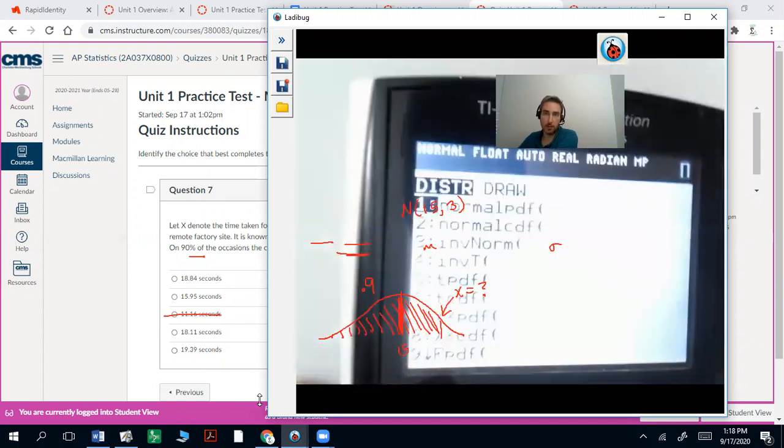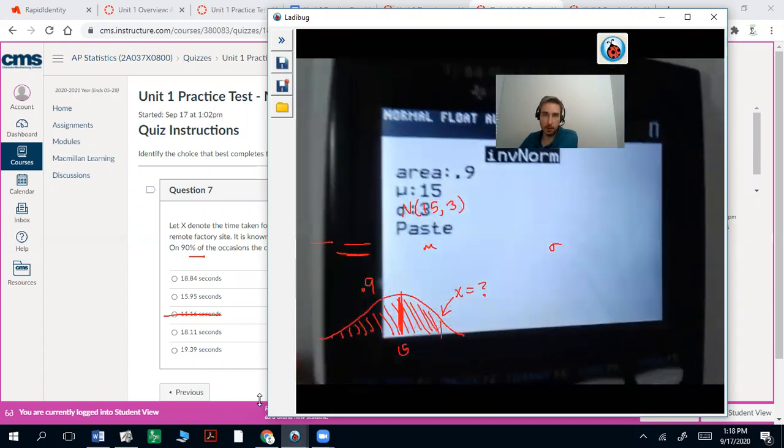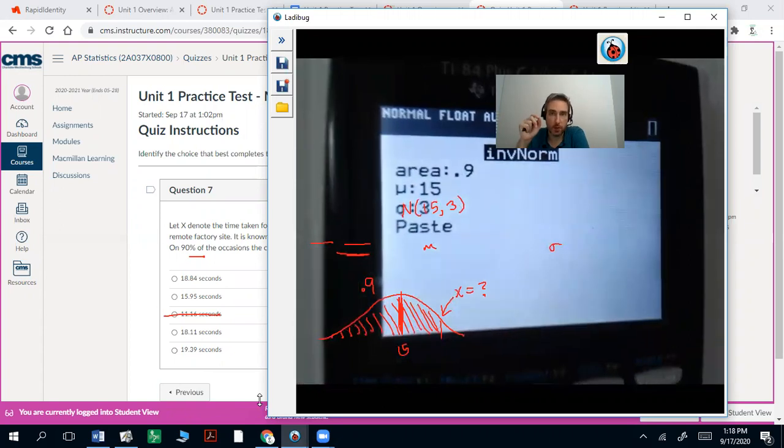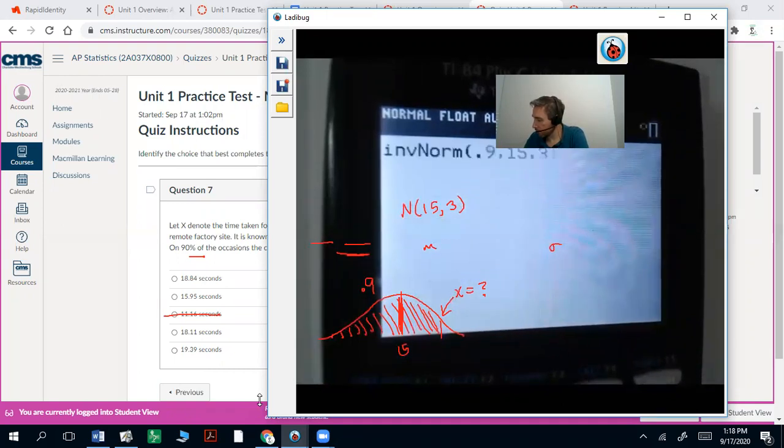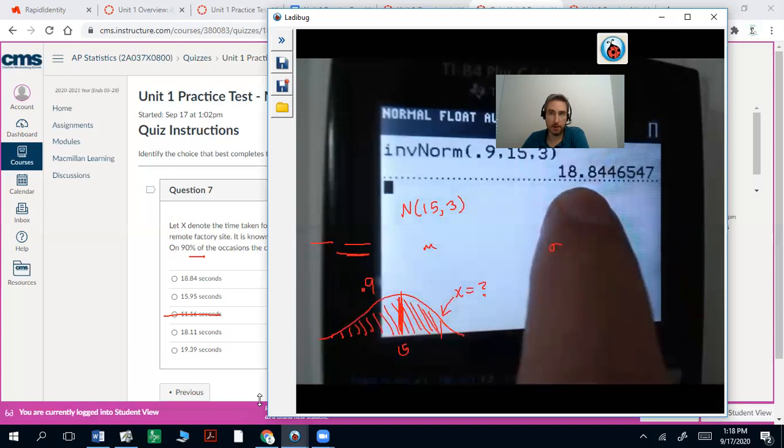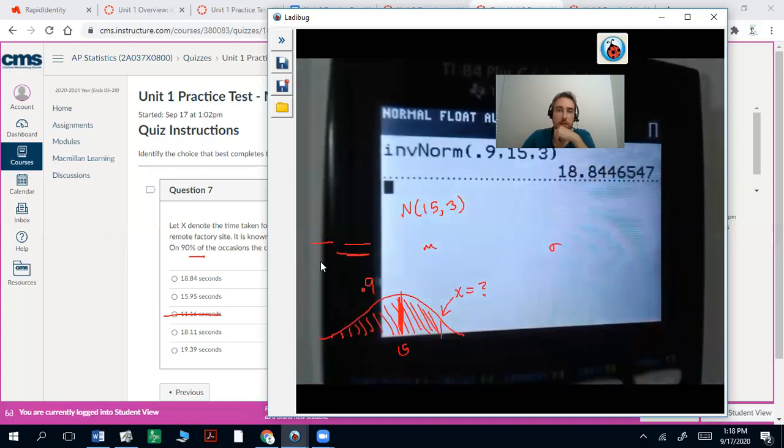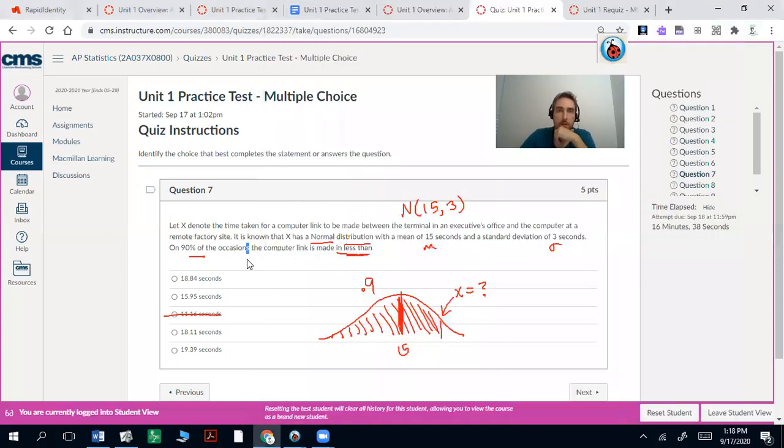Go down to the third option. The area for inverse norm is always the area to the left of the curve. So we're going to put 0.9 in. And then after that, it's going to be comma, the mean, which is 15, comma, the standard deviation, which is 3. So that gives you 18.84 seconds. So that's what this value is.